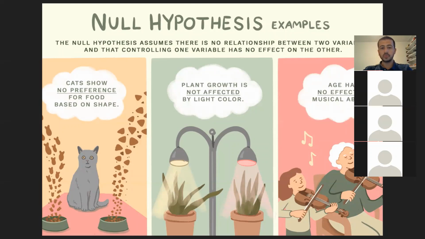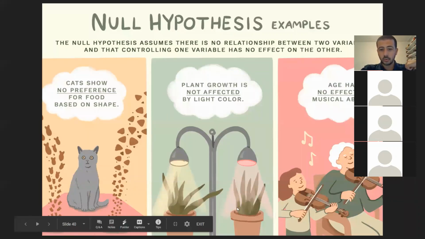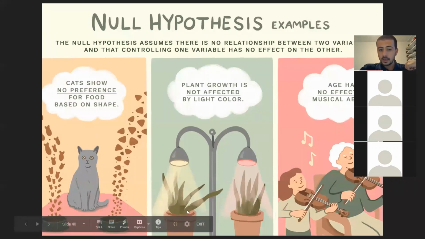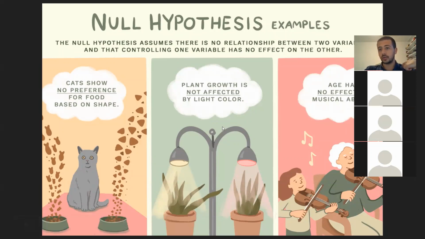I think those interventions don't mean anything to our participants. But if I find out that this plant growing under a red light is growing much slower than this one growing under a yellow light, then I say that my hypothesis is wrong. There is something wrong, and then I conclude that those plants have preferences for the color of the light. Is that clear?